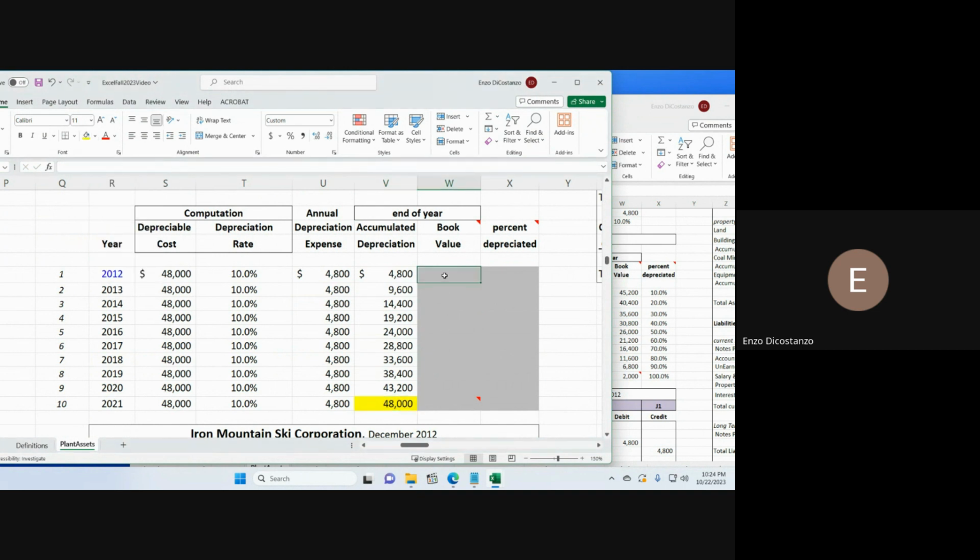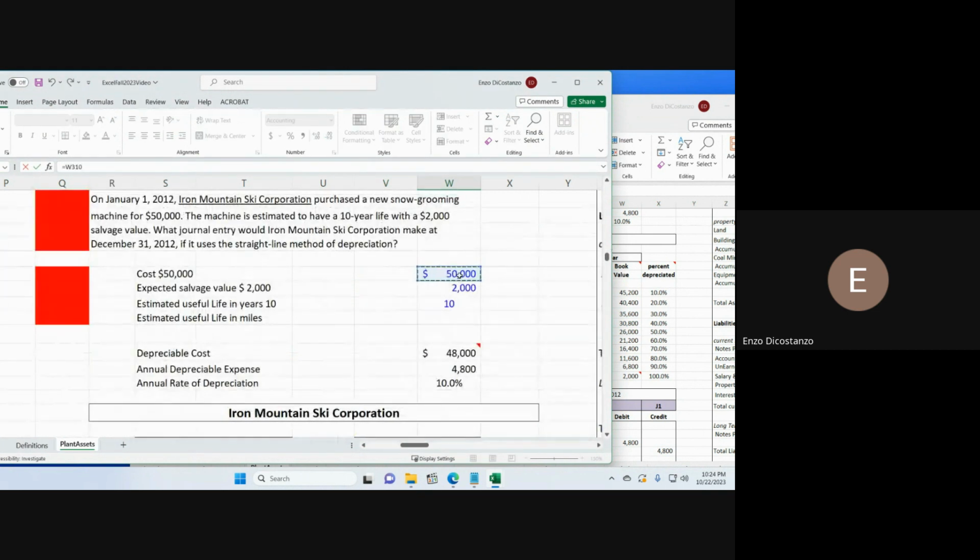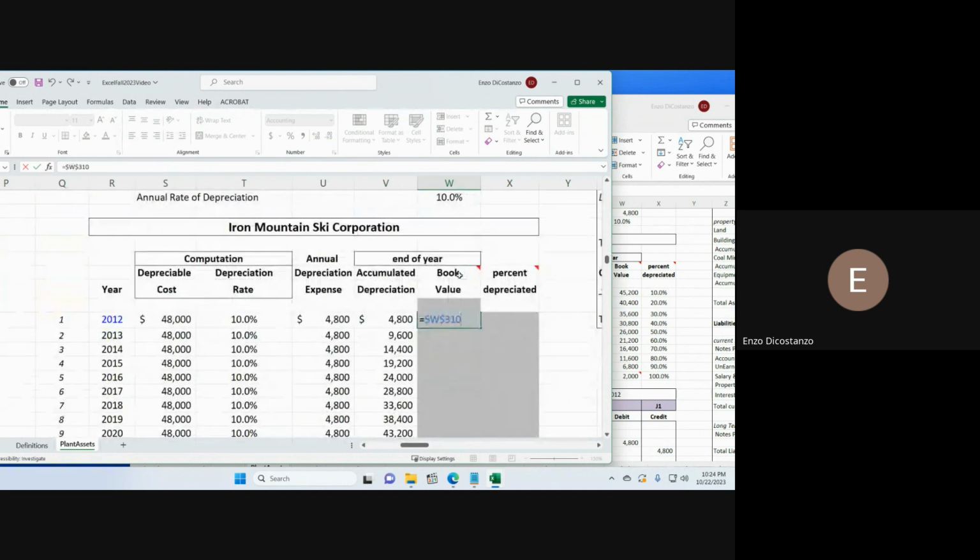So that we have. The book is what you started with minus the accumulated. We can do it like that. See how we're working this?